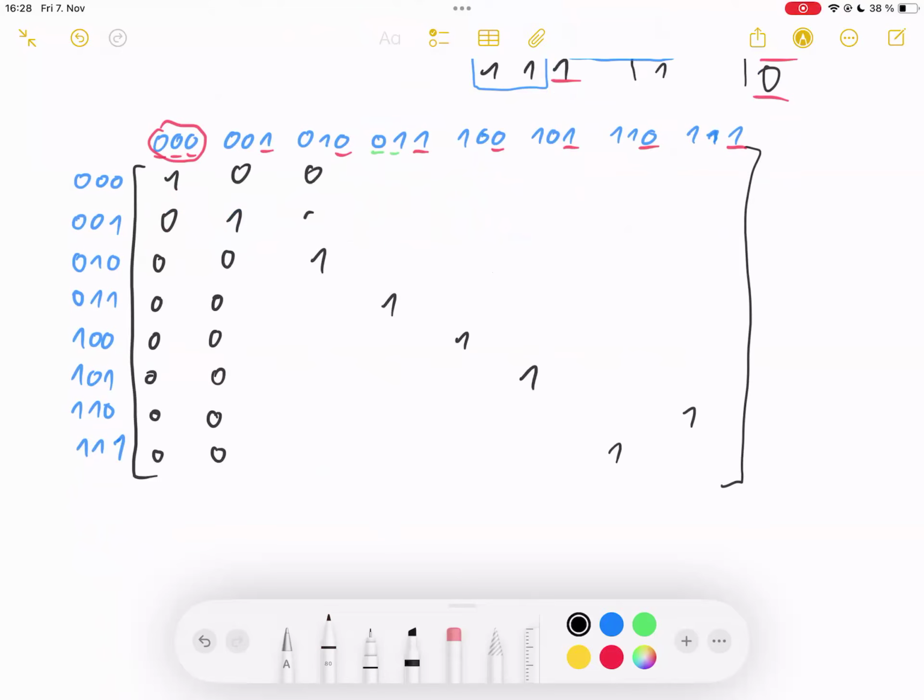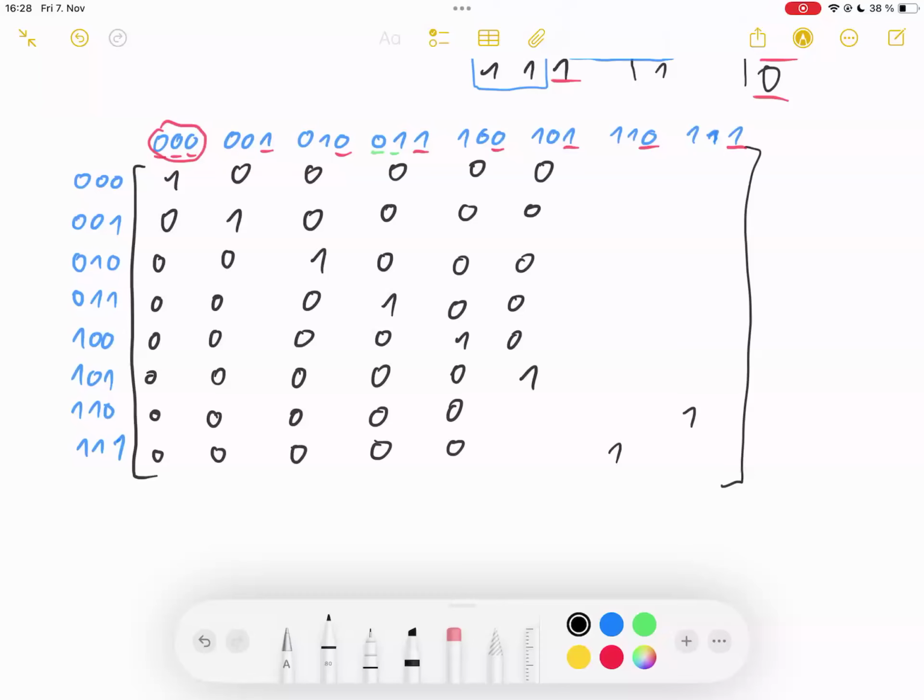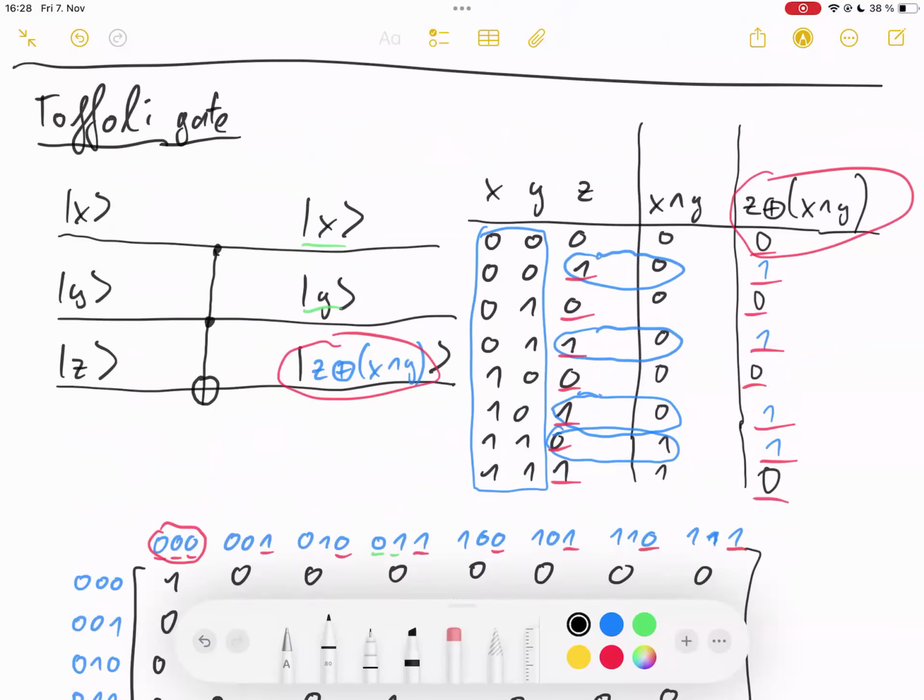Now we can add the remaining zeros. Just adding all the zeros. And this is the matrix that represents our Toffoli gate.